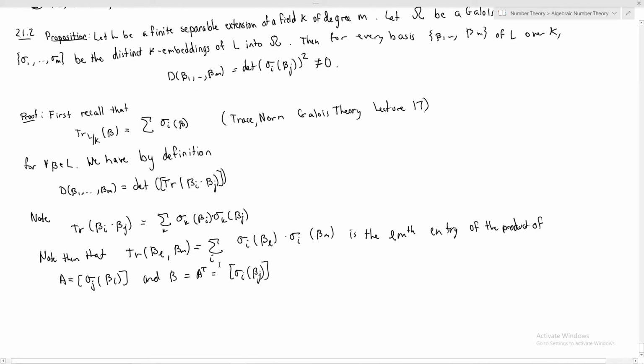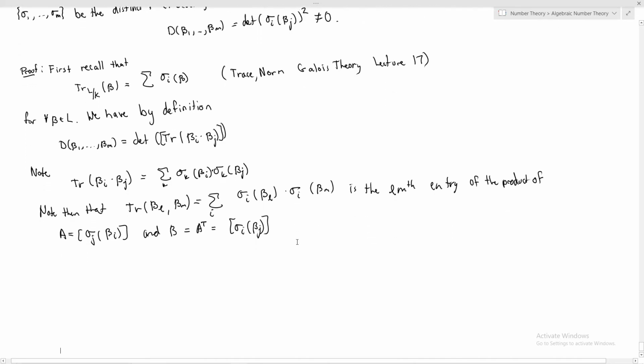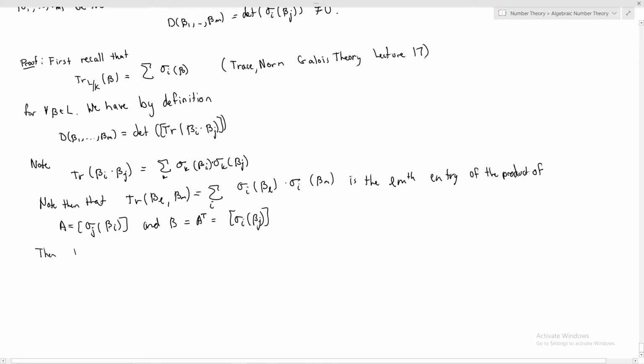If you just perform the matrix multiplication, then you'll find that this is the case, and the discriminant of these guys is the determinant of A times A transpose, which is the determinant of A squared, which is exactly the thing that we wanted it to be. So the determinant of sigma I beta j, squared.